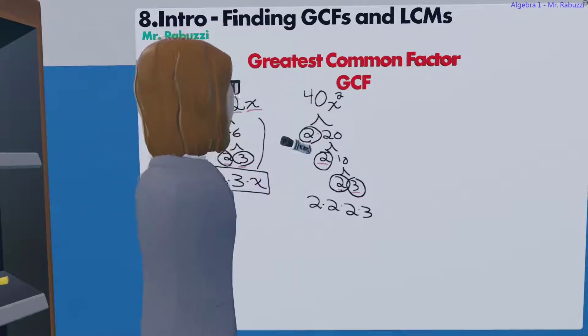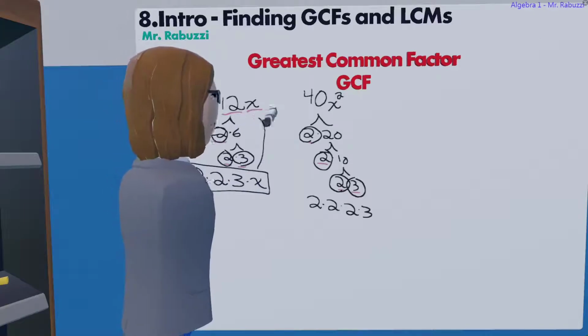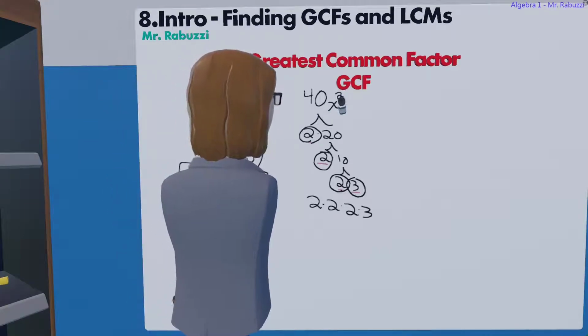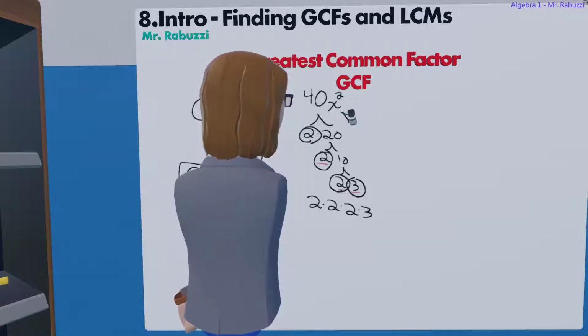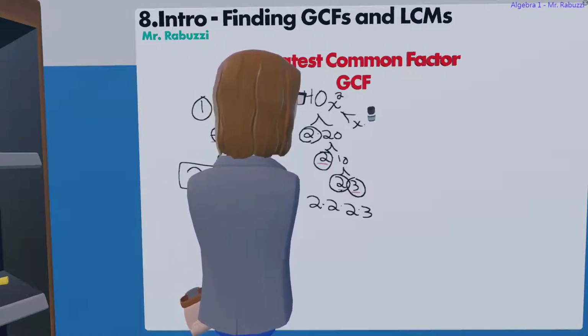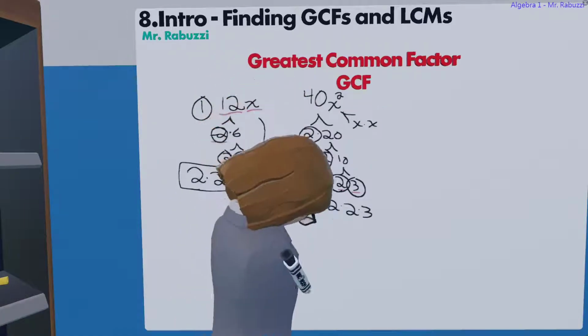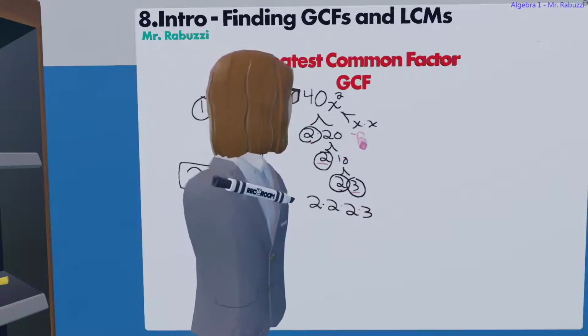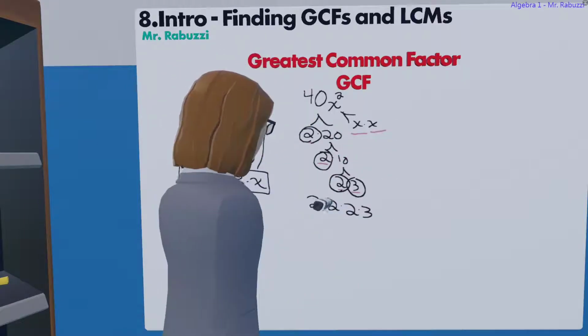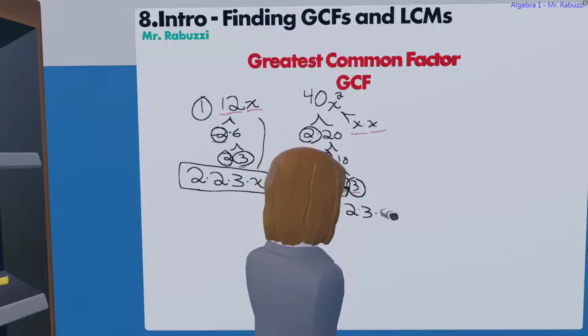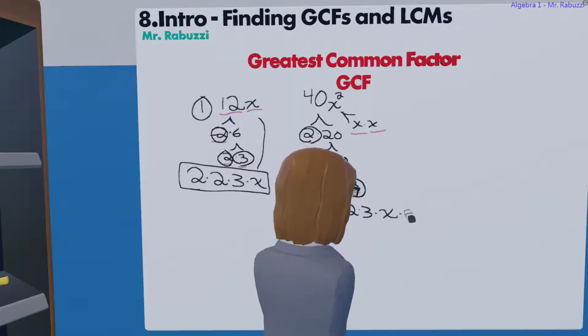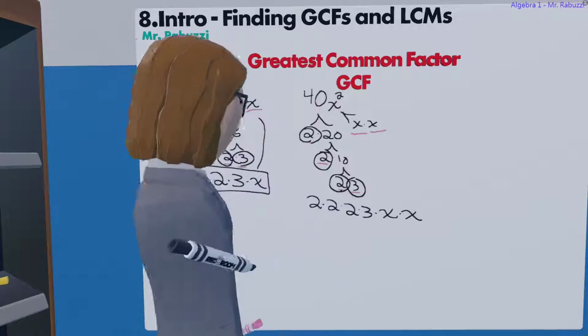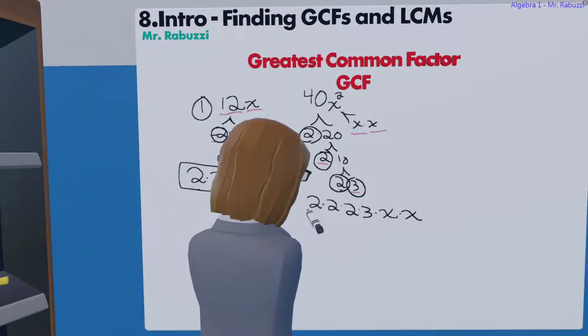All right. 1 x can't split, but x squared, we have to split this. The squared means it's x times x. Now we have 2 prime x's, 2 factored x's. So they will come down to join our answer. All right, box it up.